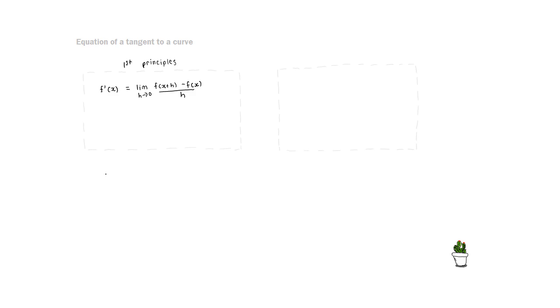However, if you wanted to immediately get the gradient at a specific point, we would modify this equation. This is also still using first principles.